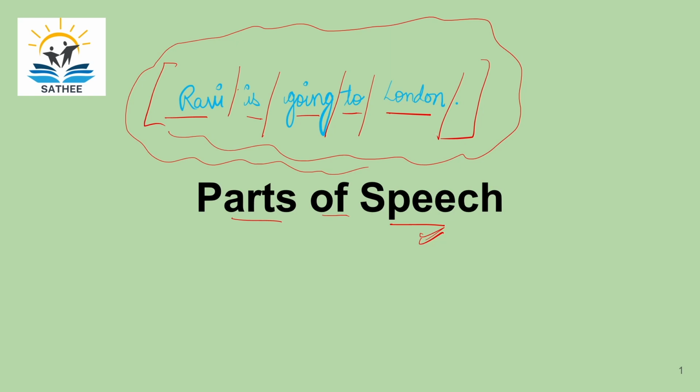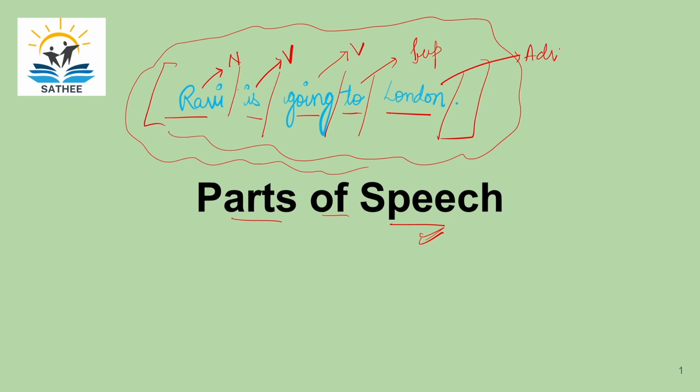Now, these are the parts of the sentence, and each part has its own identity. They all are different in their identification. For example, Ravi is a noun, then we have is, this is a verb, again going is a verb, to is a preposition, and then London can either be a noun or an adverb.